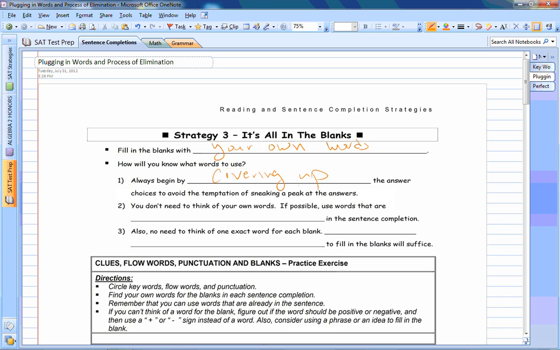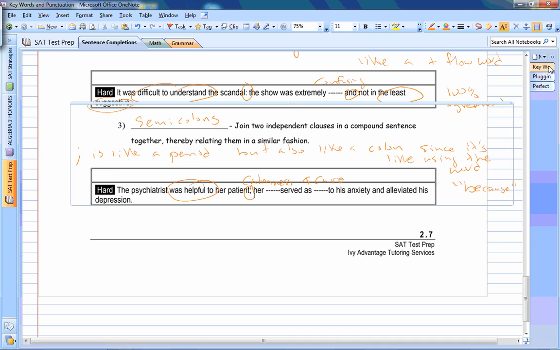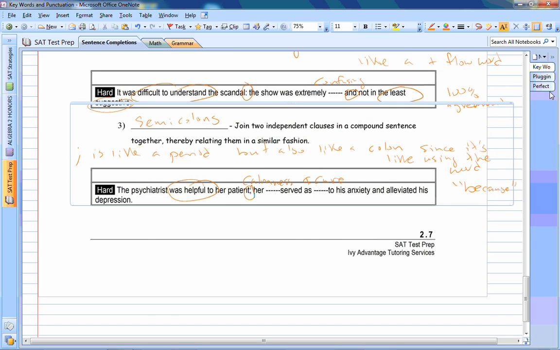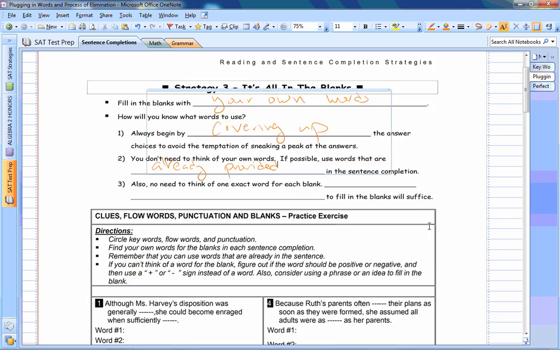The next thing, don't feel compelled to think of your own words. If possible, use words that are already provided in the sentence completion. You can see this is page 2.7 from my SAT curriculum, and this is page 2.8.